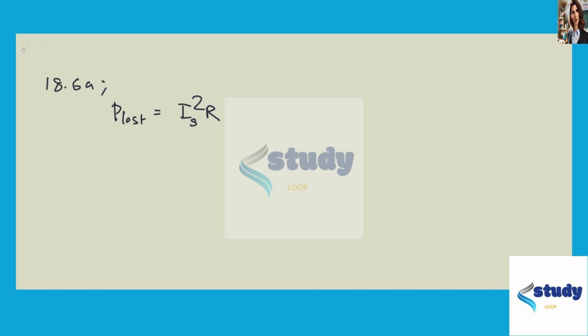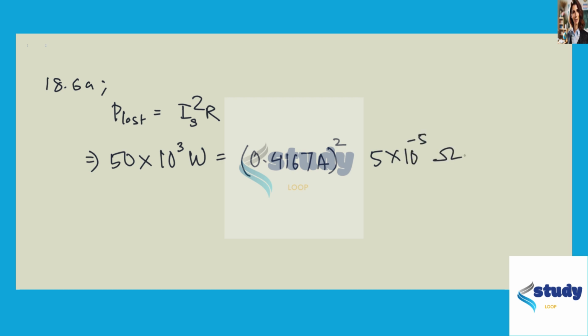Now this power is 50 times 10 to the power 3 watts, and Is squared is 0.4167 ampere squared, and the resistance is given to be 5 times 10 to the power minus 5 ohms per meter.